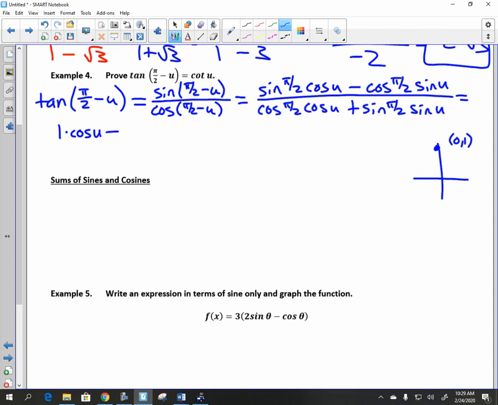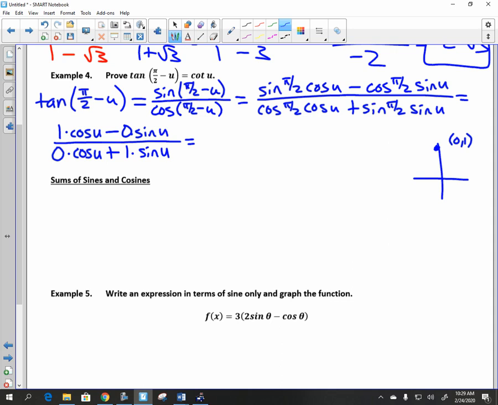What's the cosine of pi over 2? 0 times the sine of u. Then we have the cosine of pi over 2, which we said was 0, times the cosine of u. And then we have plus the sine of pi over 2, which is 1, times the sine of u.